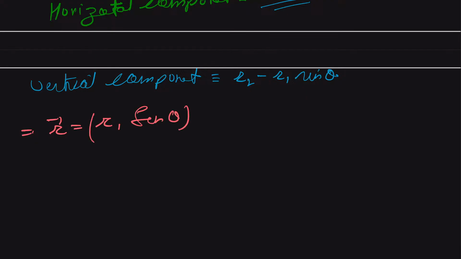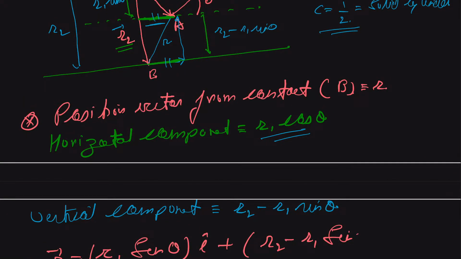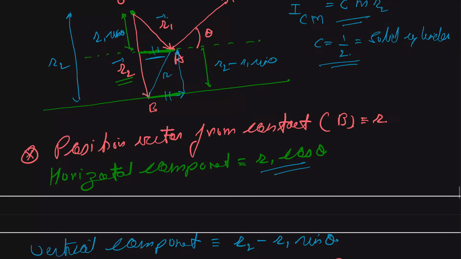r1 sine of theta i unit vector plus (r2 - r1)... sorry, this is our r1 sine of theta, my mistake.